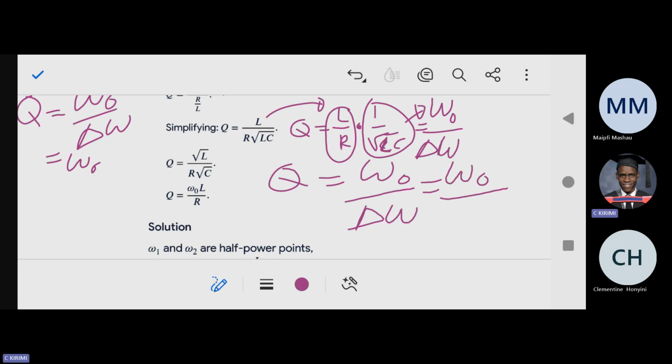We are dividing by R over L. Forget about this thing, forget about this, and forget about this. Take this. Just from there, you indicate W naught. This is the formula for Q, which is W naught over change in W, which is equal to W naught over R over L.